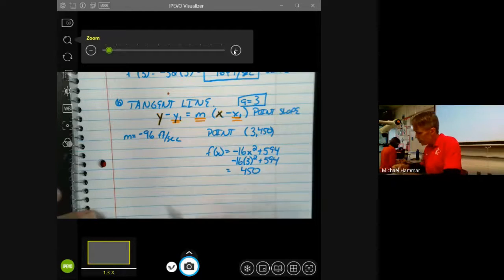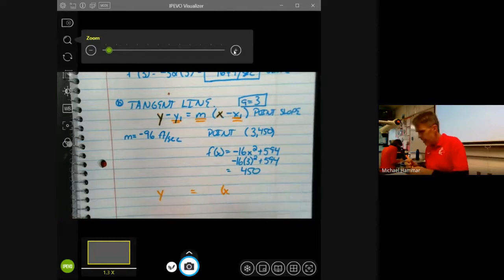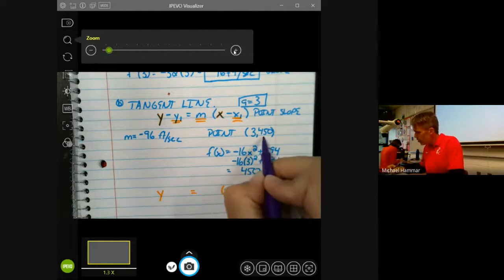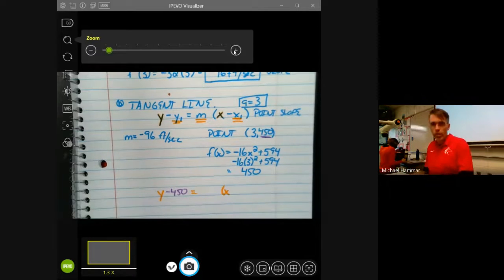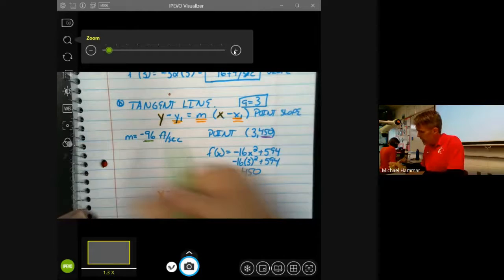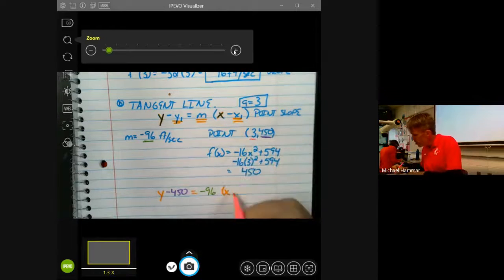So what is that equation going to look like? We know it's going to be y equals, and we're going to keep the x. We just need to fill in the other pieces. The y coordinate of our point is 450. The slope is negative 96. The x coordinate is 3.